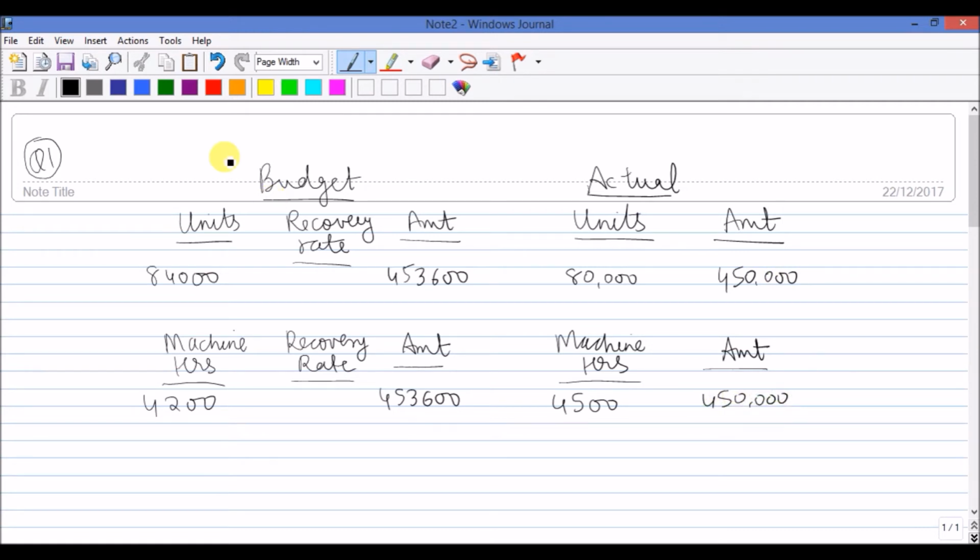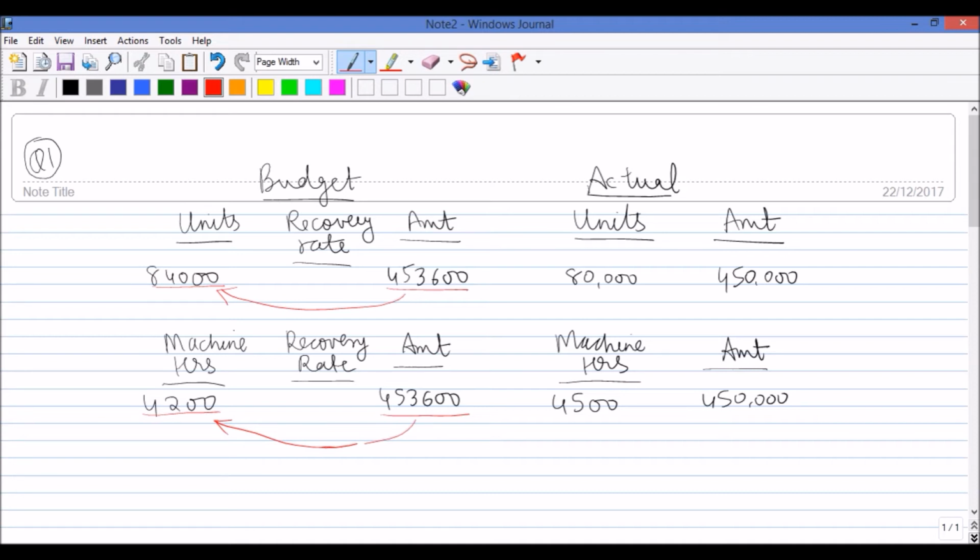Now I can find the recovery rate. This you have to divide by this, so you're going to get the recovery rate. So what I'm doing is 4,53,600, I'm dividing by 84,000.